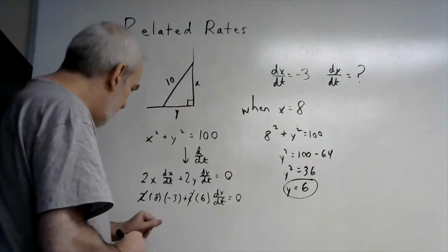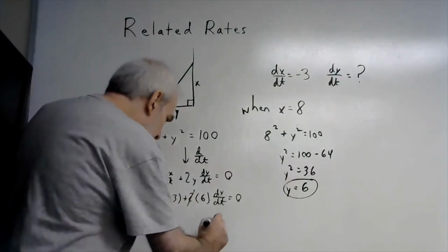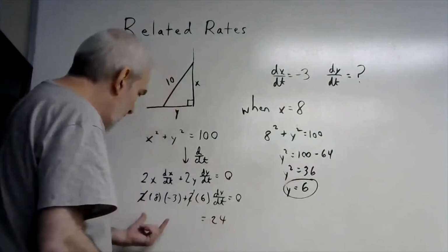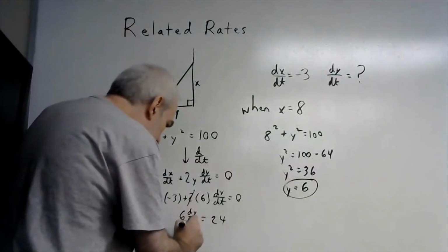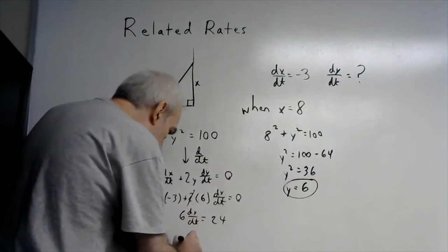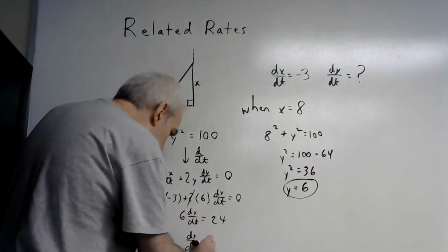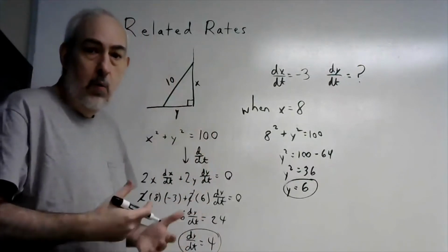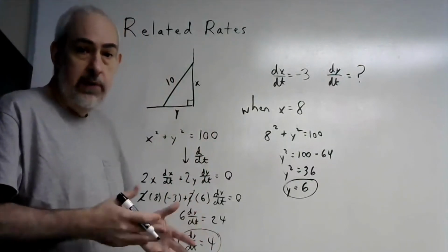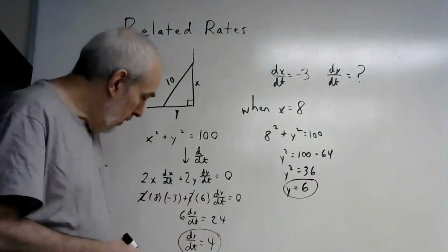And then this times this is -24. I'll move that to the opposite side of the equal sign as +24 equals 6 dy/dt. Therefore, dy/dt is 4. That means the bottom of the ladder is sliding away from the wall at a rate of 4 feet per second. Okay.